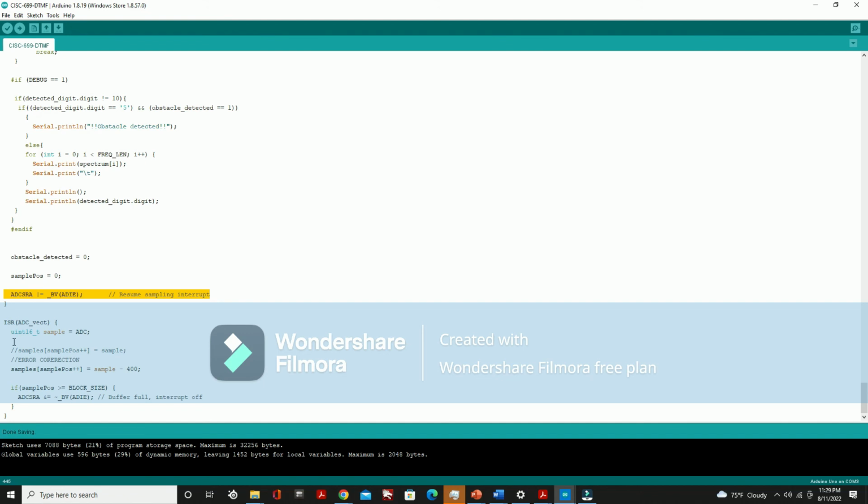This is where I actually fill the samples buffer with the A to D conversion results. I have set the block size to 250. So if the buffer is full, I turn the interrupt off.